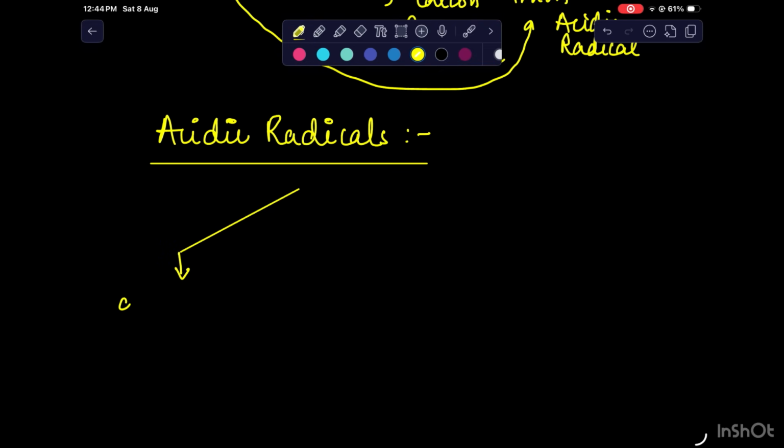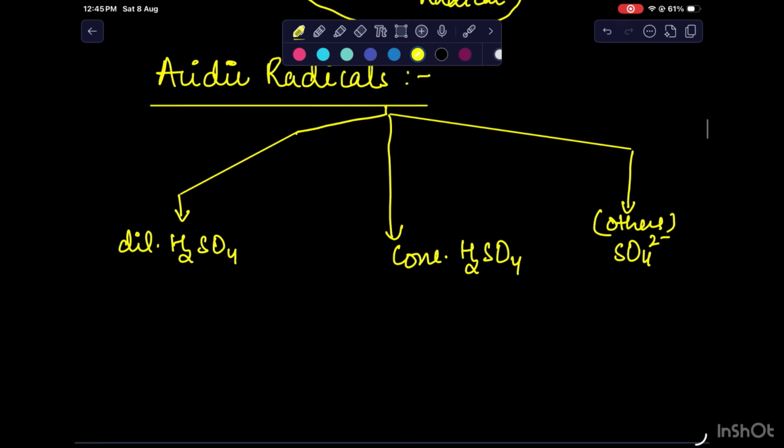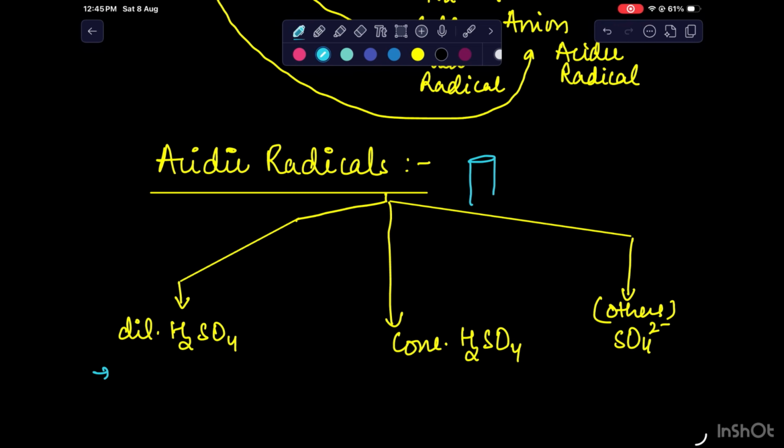For acidic radicals, we have divided all the radicals in our syllabus into three categories. One which responds to dilute H2SO4, another which does not respond to dilute H2SO4 but responds to concentrated H2SO4, and the third category is which does not respond to either dilute H2SO4 or concentrated H2SO4.